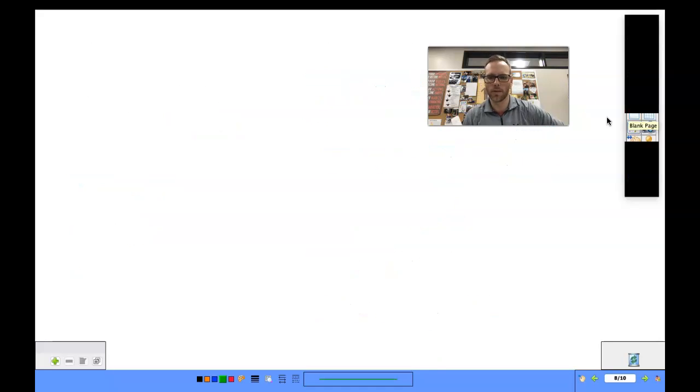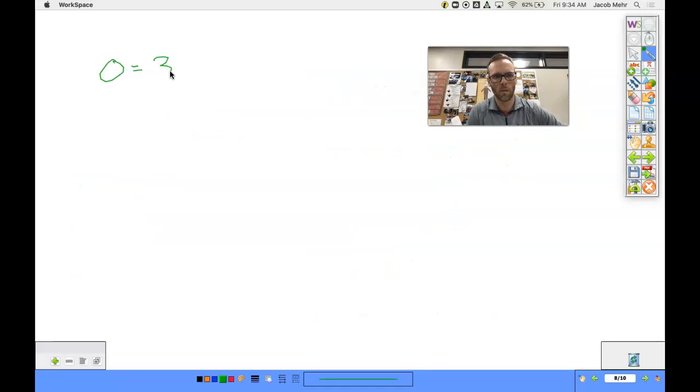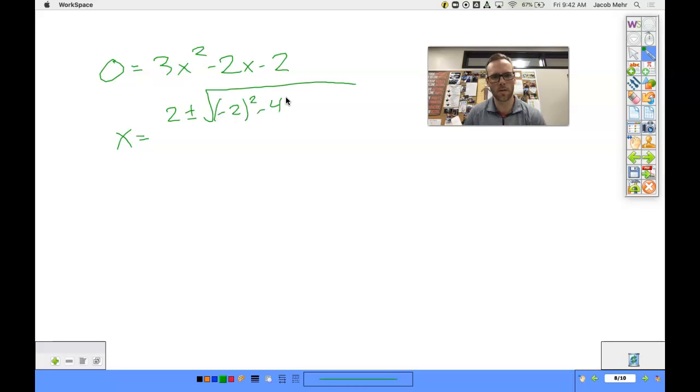Let's set that equal to 0. And that doesn't factor, so let's go to the quadratic. -b plus or minus square root of b squared minus 4ac over 2a.